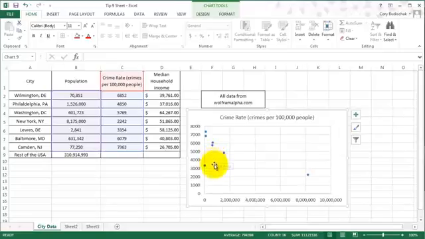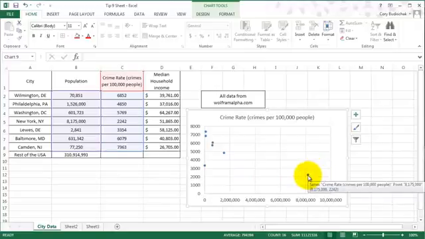But the same's true for Baltimore and Philadelphia and Washington, D.C., which are all around this area, and they all have higher crime rates than New York City, which is this bubble here. So you can compare two sets of data with a scatter plot, and it's a great thing to do. You can really get some insight into the data by doing this.